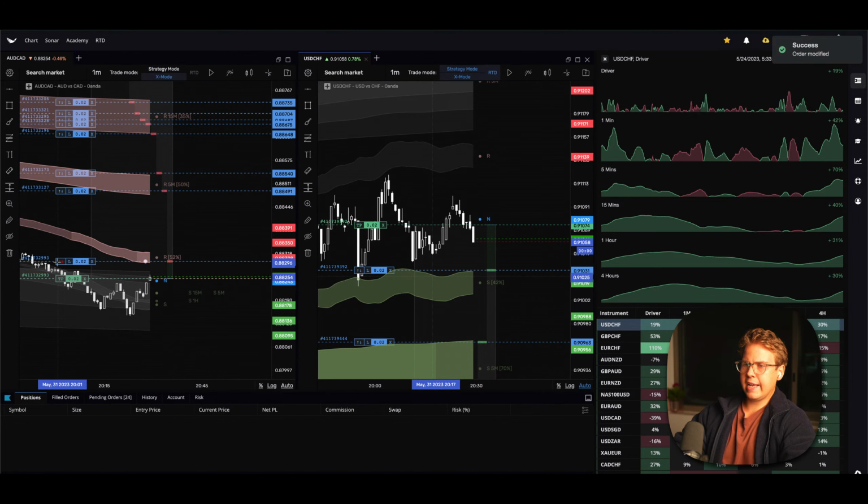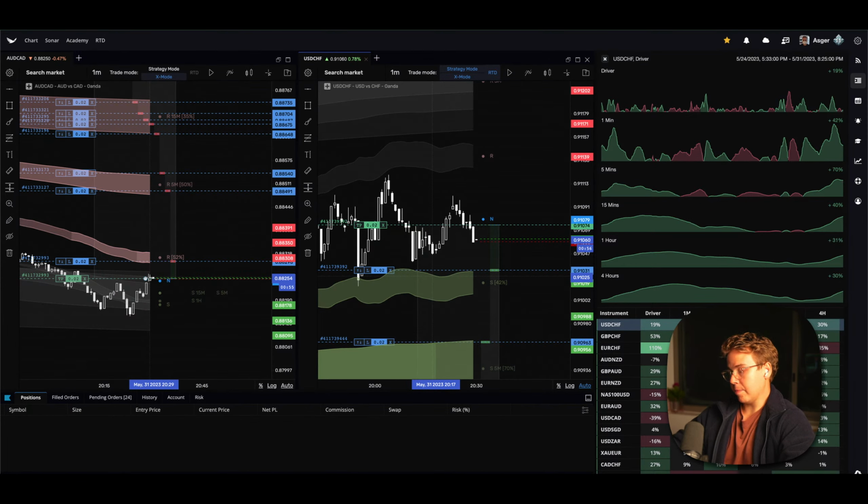We already want to have the TP set, because if we get an entry and the market touches back to our TP the same second, we'll take that. It happens sometimes. So you want to have that preset, but it's mostly for the 1 minute. Of course, once you start getting closer to the 5 minute, you want to add those TPs as well, so you're ready.